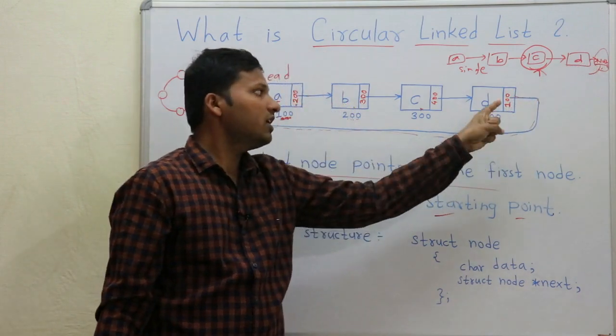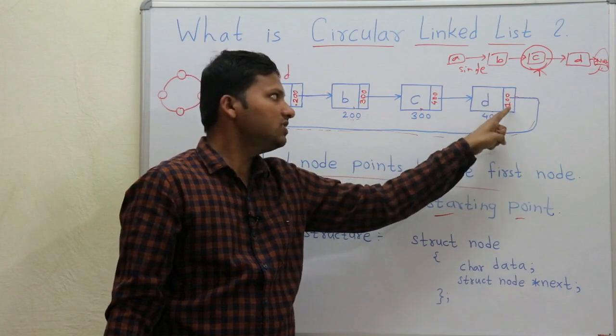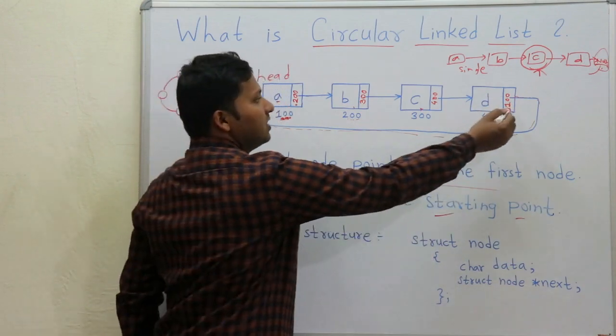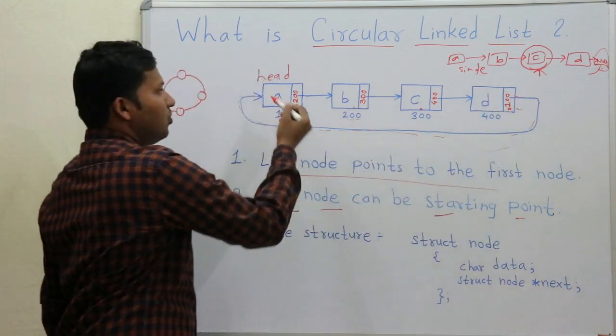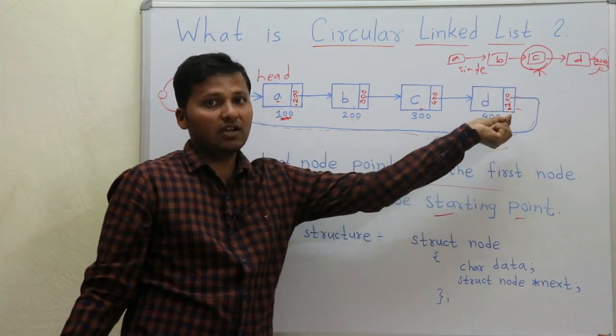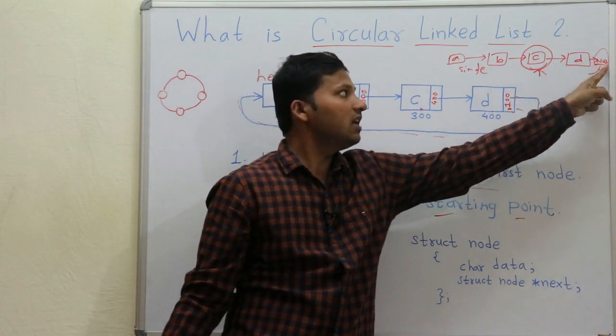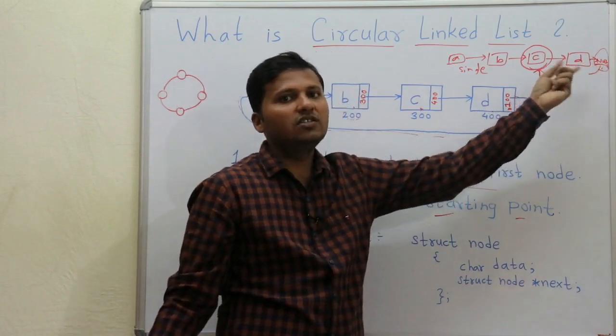But for a circular linked list, even the next pointer of the last node is used for storing the address of the first node. So this memory field is used in a circular linked list, while in a singly linked list this memory field is null, so it is unused.